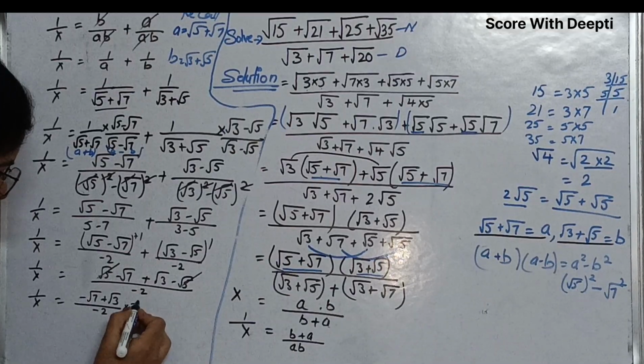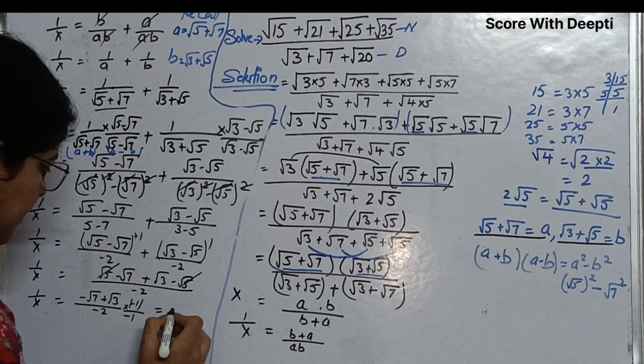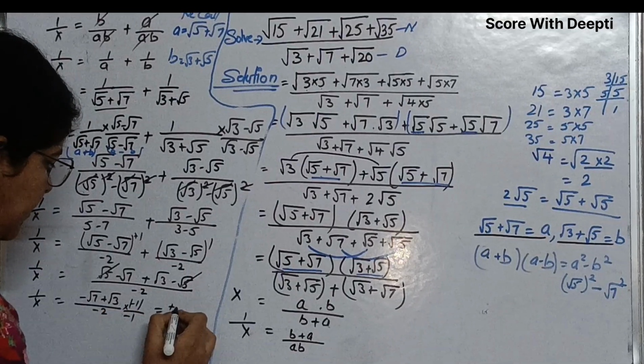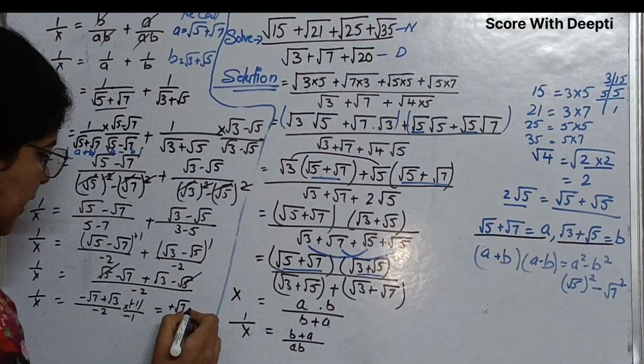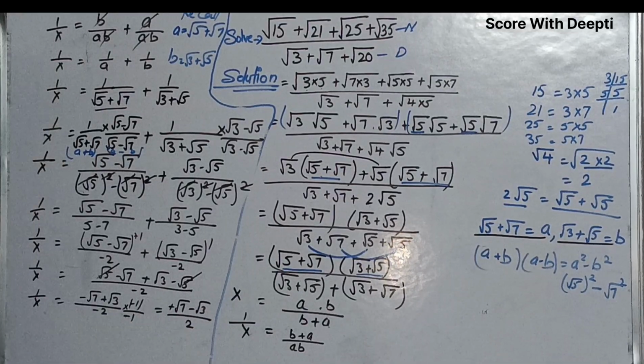Next we multiply numerator and denominator with minus 1 to get plus 2 in the denominator. Minus 1 multiplied with minus square root 7 gives plus square root 7, and minus 1 multiplied with plus square root 3 gives minus square root 3, over 2.